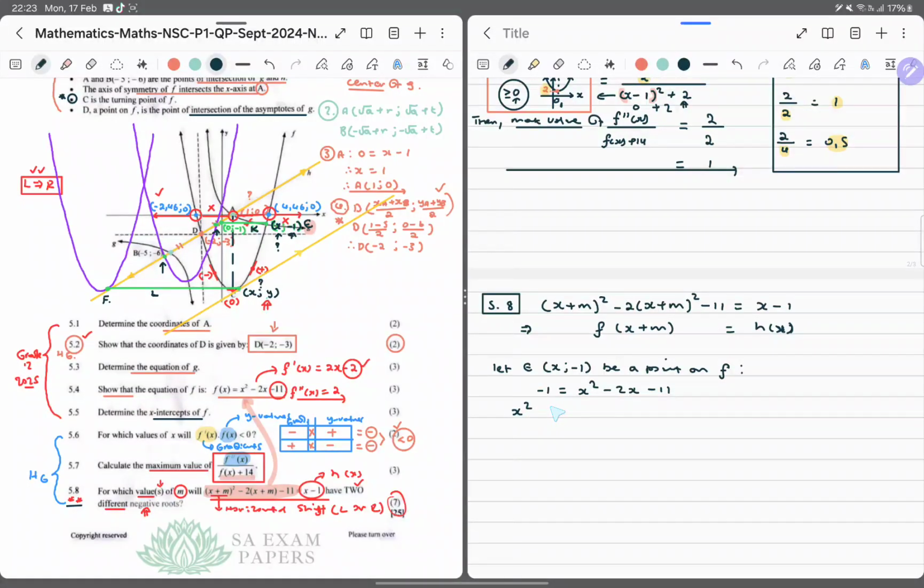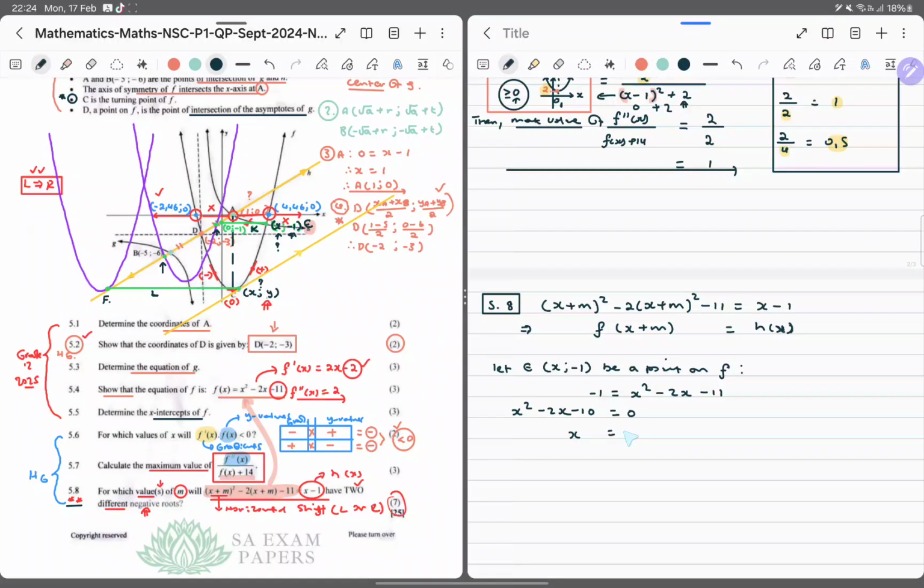So we'll have x² - 2x, and then -11 + 1 is going to be -10, equal to 0. And then we can factorize this. Can we? I doubt it. We can't factorize here. So we're going to use the quadratic formula.